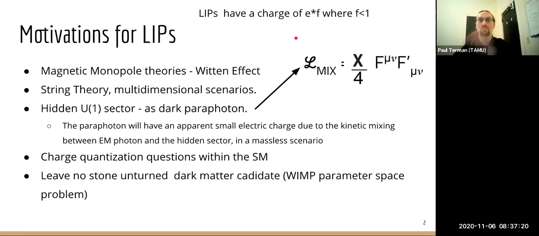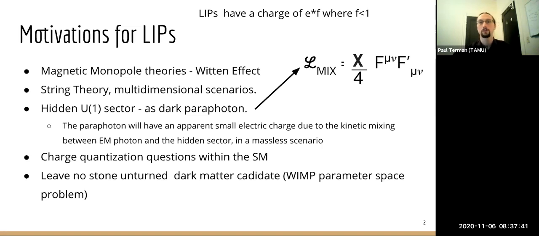particle with a charge less than that of an electron. They come about in a variety of dark matter related theories and non-dark matter theories. One example, for instance, is the magnetic monopole, where the monopole will get actually a slight electric charge as well under the Witten effect.